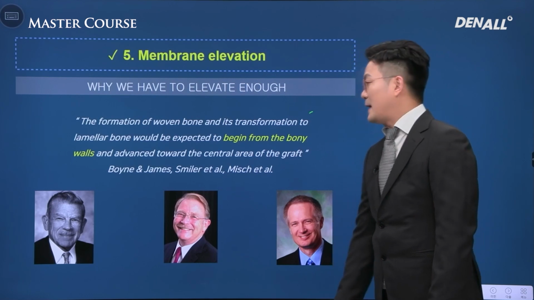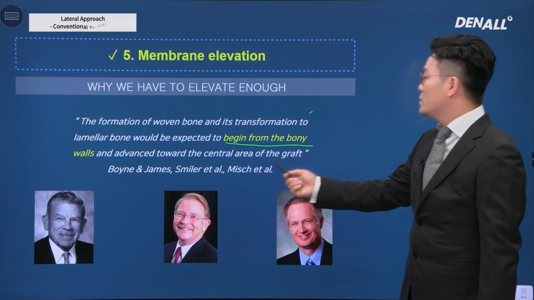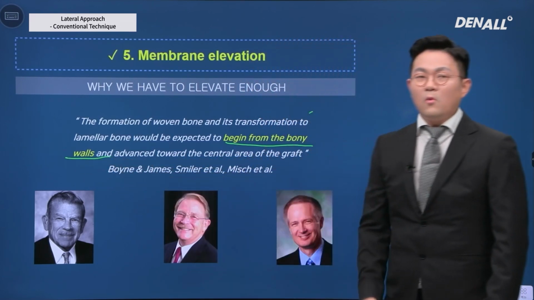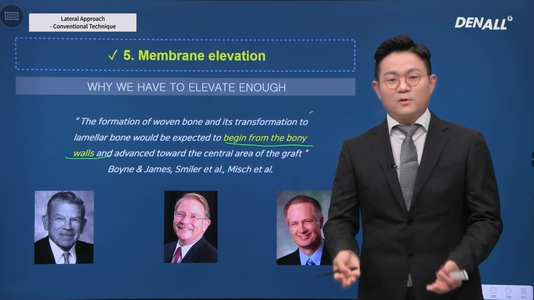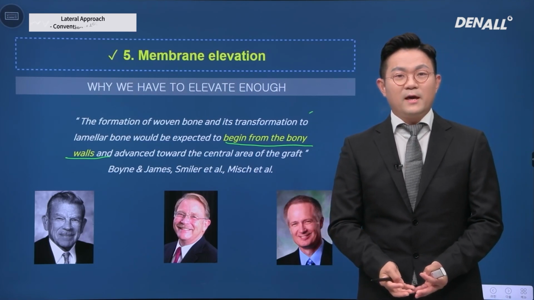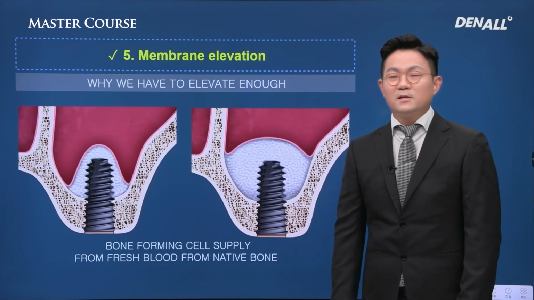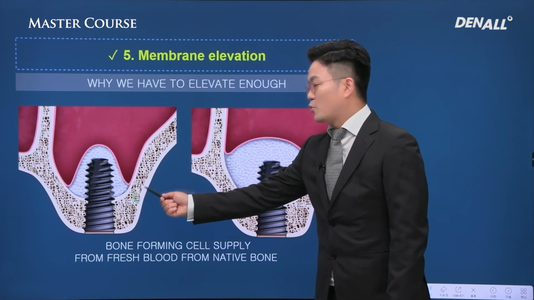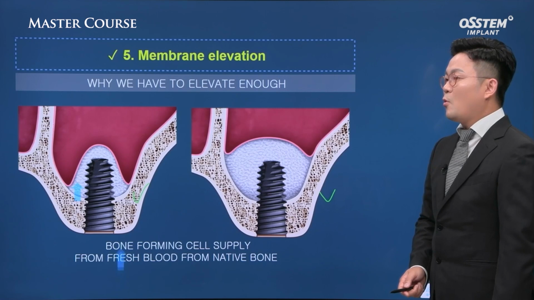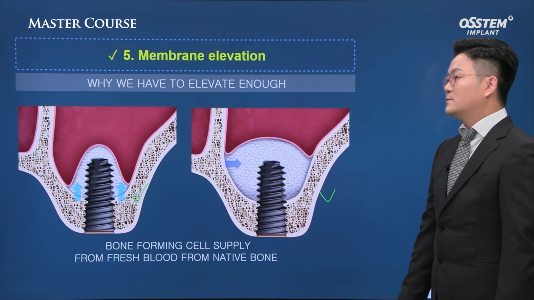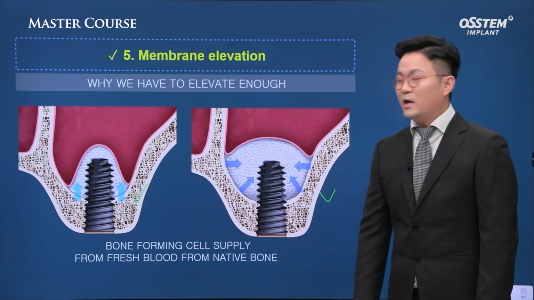There are different theories, but many agree that the more bony wall you keep, the more favorable an area it is for bone formation. This means that rather than full detachment, securing more of the bone surface is better for the bone blood supply and cell supply.